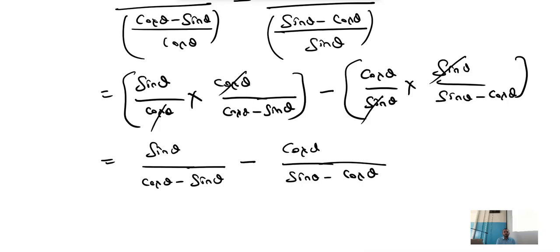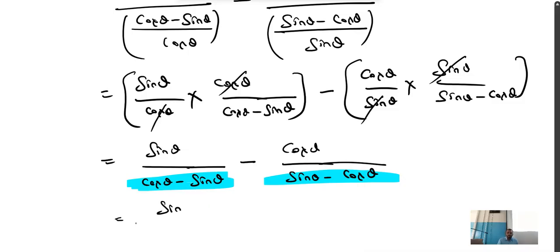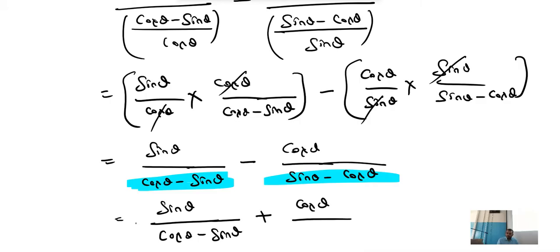Cos minus sin. See, here it is cos minus sin. Here it is sin minus cos. Opposite. So what should we do? To make it the same: sin theta by cos theta minus sin theta, plus cos theta by cos theta minus sin theta.